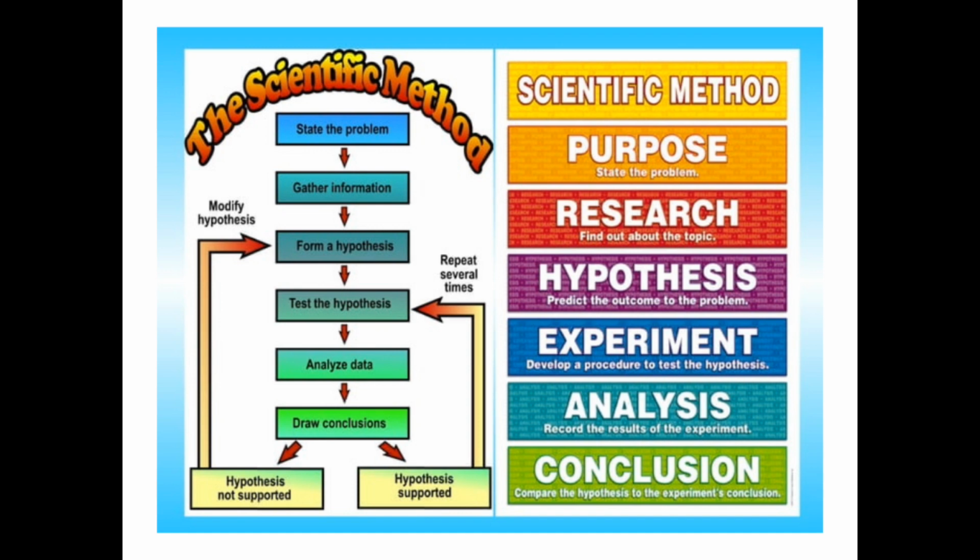So all this method, all this way that you go through in order to arrive at a conclusion, in order to state a particular problem, is called the scientific method.